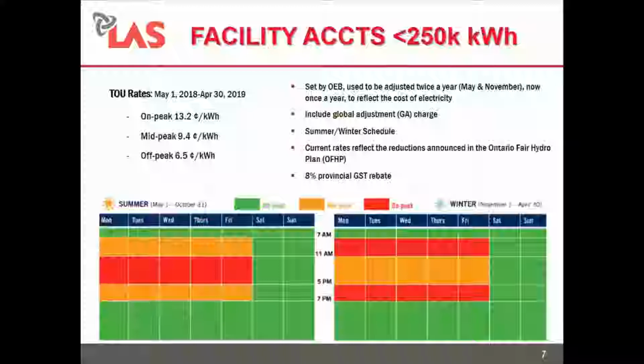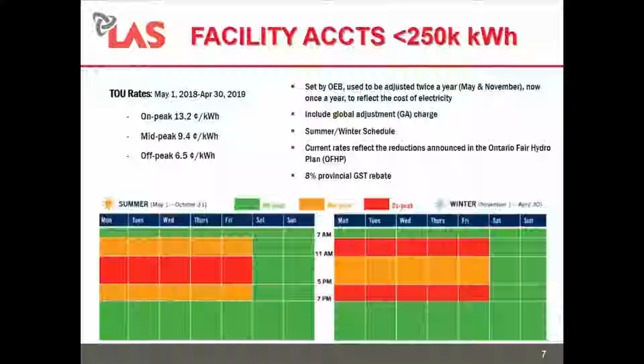There are 3 time periods: on-peak, off-peak, and mid-peak. Each time period has a different rate, meaning when you use more during the on-peak time, the price is higher, which also reflects the generation cost during that period, which is normally higher. The TOU rate is set by the Ontario Energy Board.